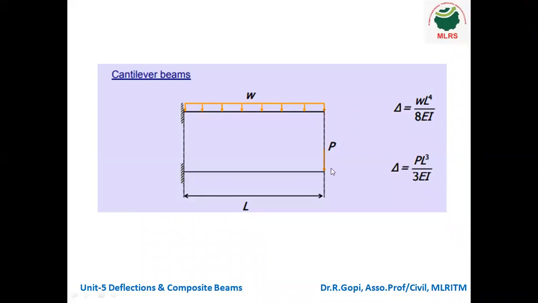P is the point load, it may be P or W. So these are the fundamental formulas for calculation of deflection. Directly we can use these formulas, we can easily find it.